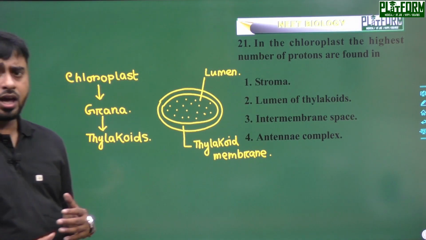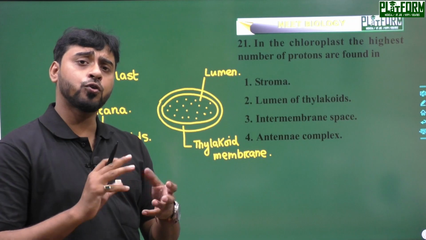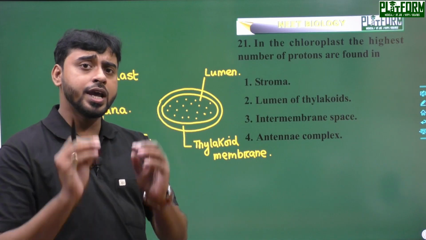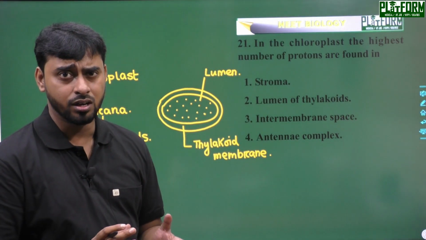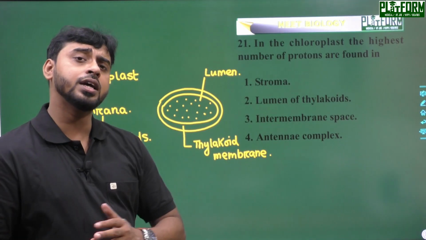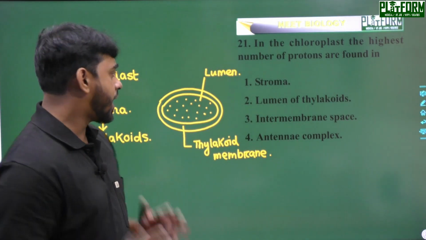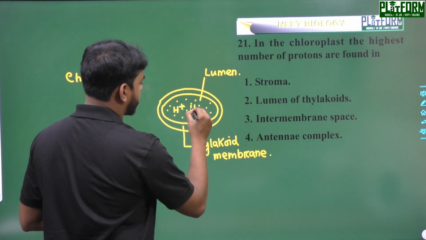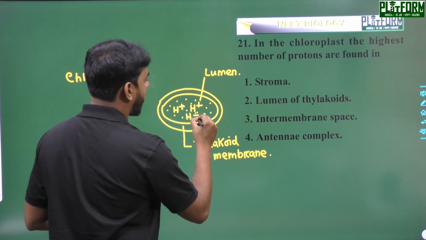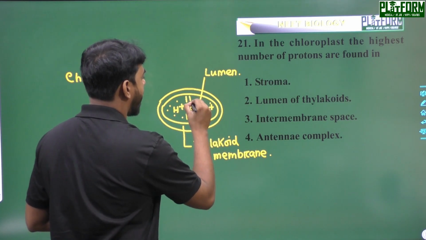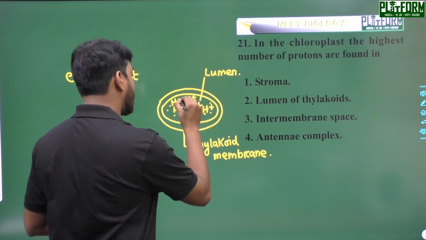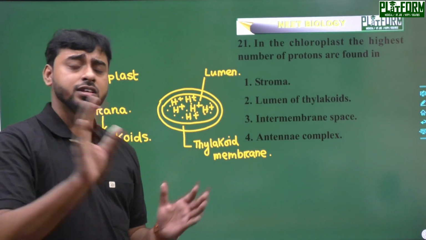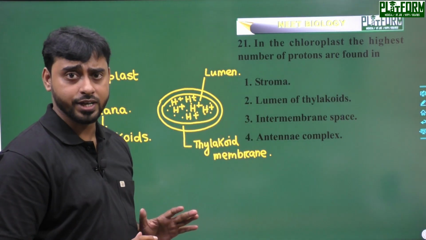Now what will happen at the time of the photolysis of water? During the photolysis of water, electrons and protons are generated. The electrons are involved in the electron transport chain, whereas the numerous protons get dumped in the thylakoid lumen, and these protons are involved in the production of ATP, and this process is known as photophosphorylation.